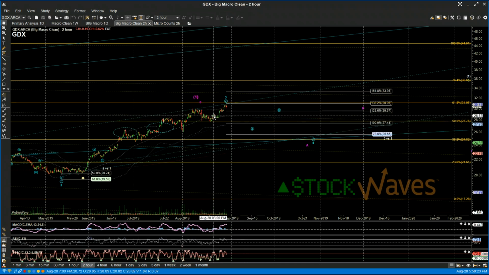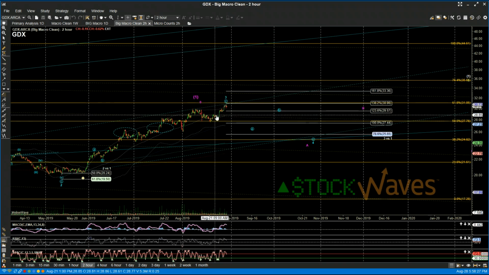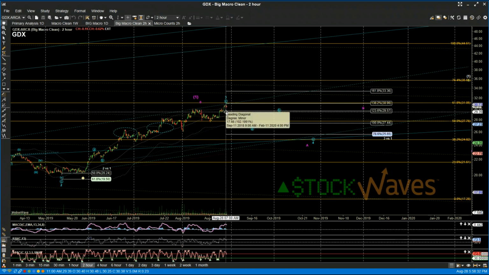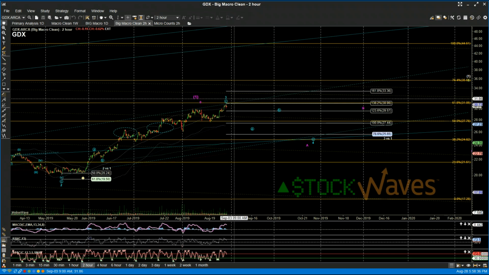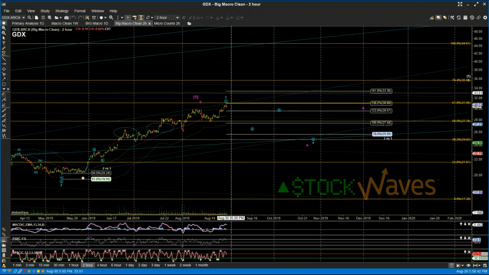And now that we got 1, 2, 3, 4, 5 up, or maybe this is 1, 2, 3, and it needs a 4 and a 5, that 2930 region is what really needs to hold to get further immediate extension higher, stretching this 3 even more, maybe to 3330.